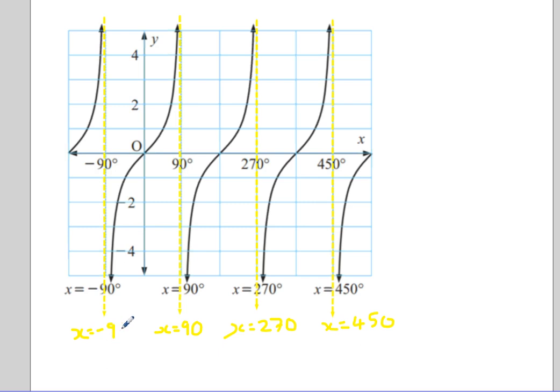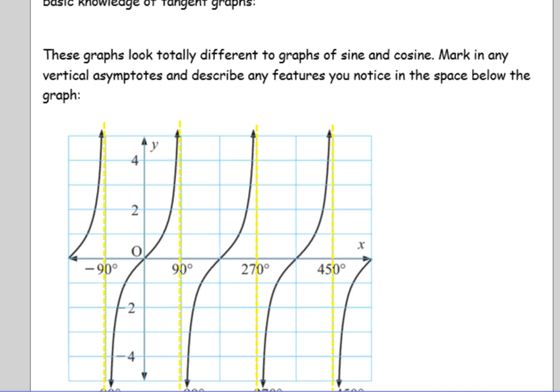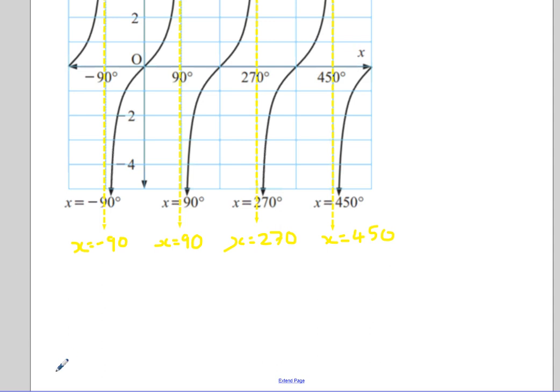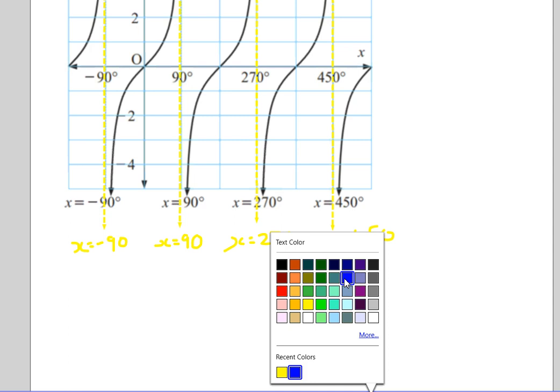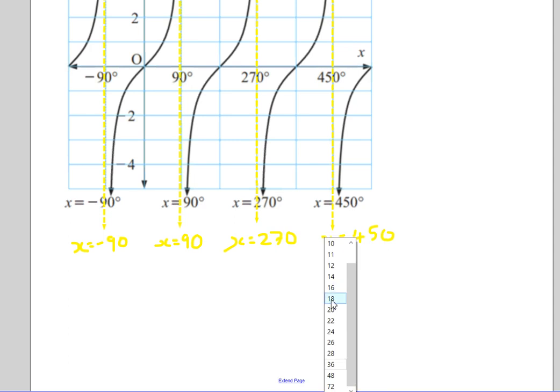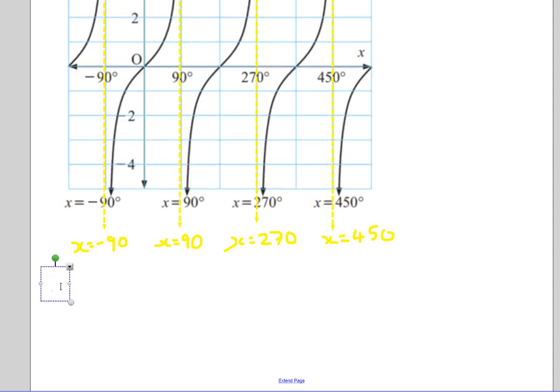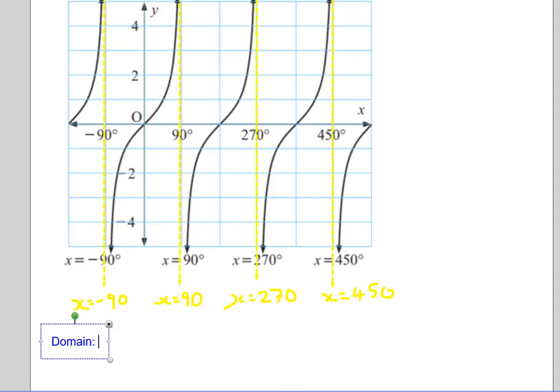What were you asking us to do? Mark in any vertical asymptotes and describe any features you notice in the space below the graph. So in terms of the domain and range, let's see. We have a domain. The domain is basically any values that are not the asymptotes.